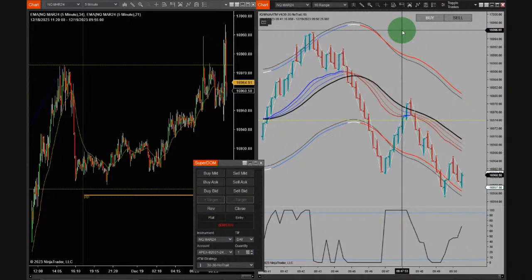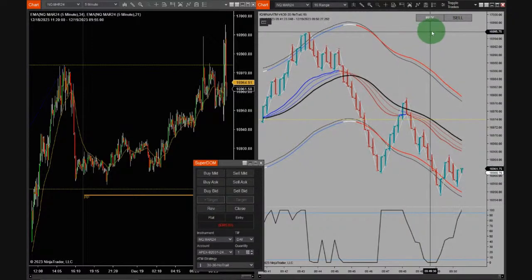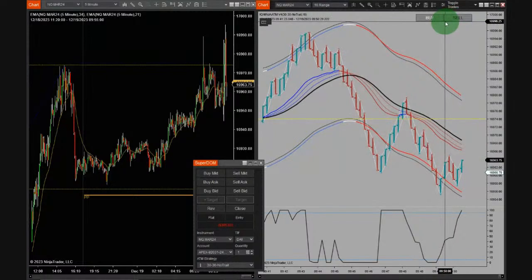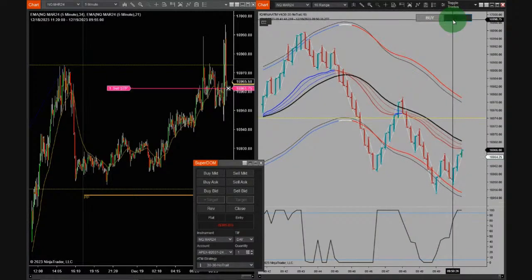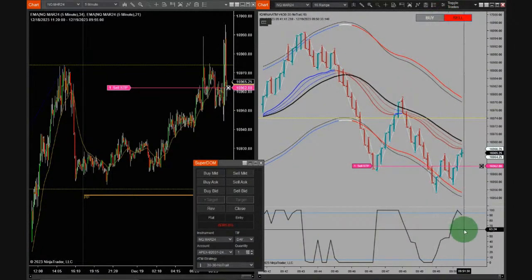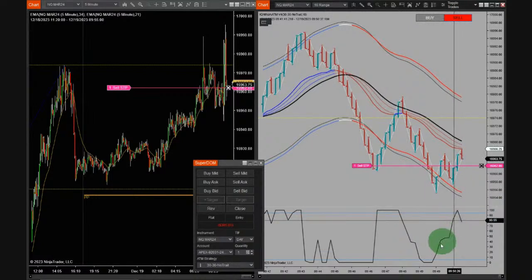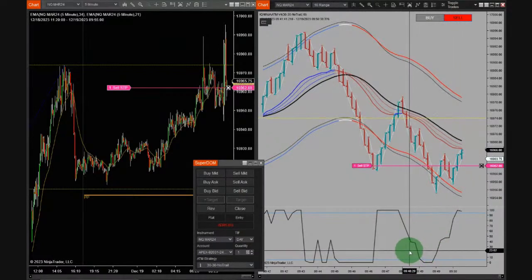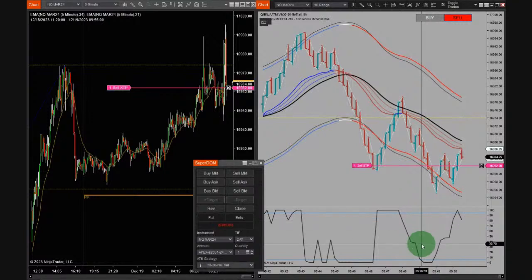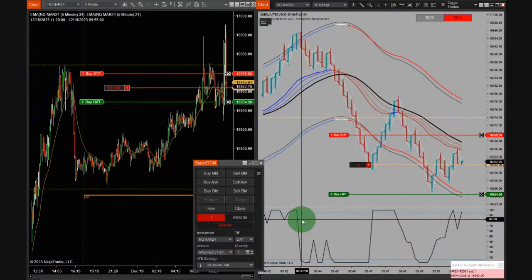But it's my job to stick to the rules and wait for the proper type of pullback, which we're about to get. Order submitted. See how that one, when that candle closed, the indicator was above the overbought 95 line. Order filled.